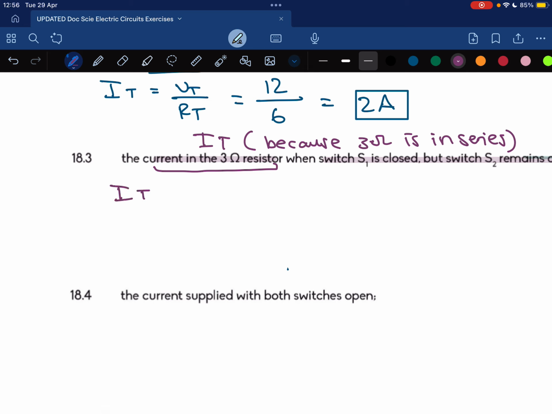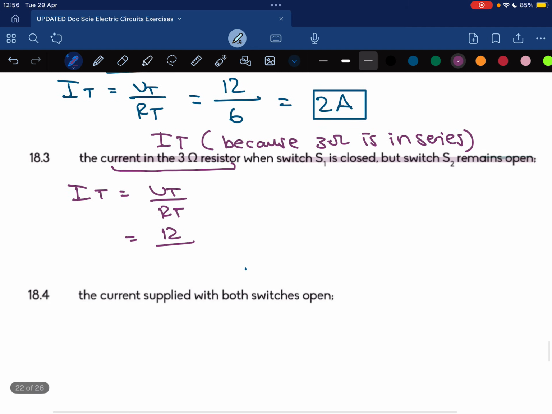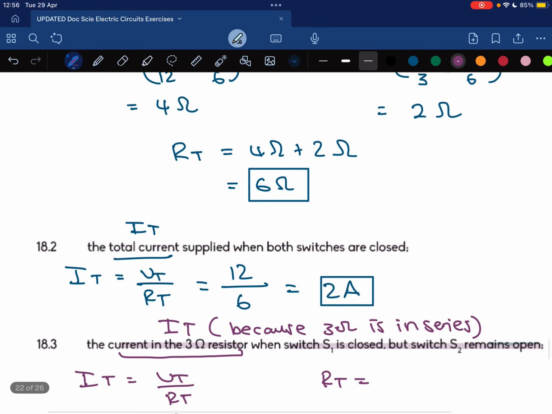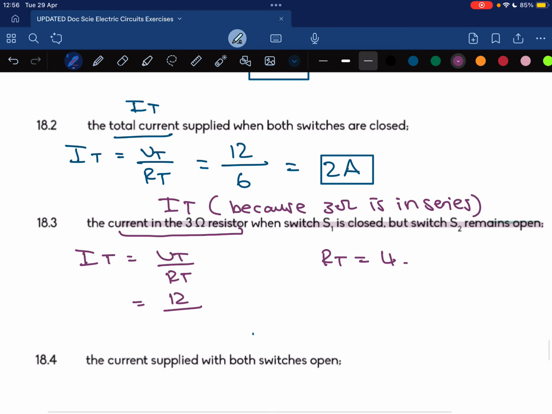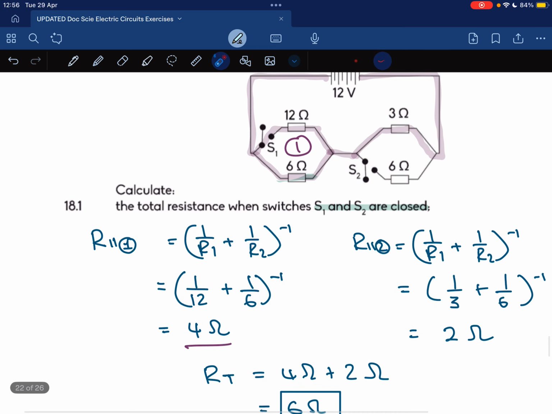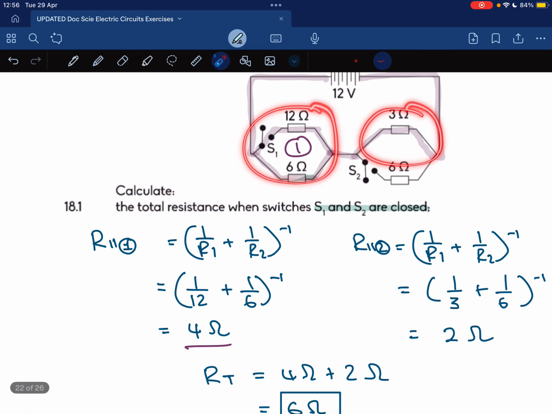So I total again is V total over R total. Now the V total is still 12, that hasn't changed, but I don't know what the R total is. So the R total has changed. I still have this series in parallel, which is the 4 ohms. But now that gets added to the 3 ohm resistor, because it's in series to this.